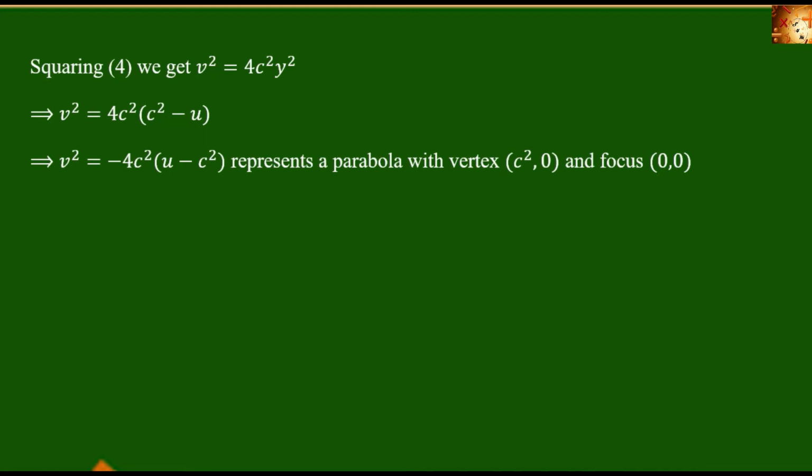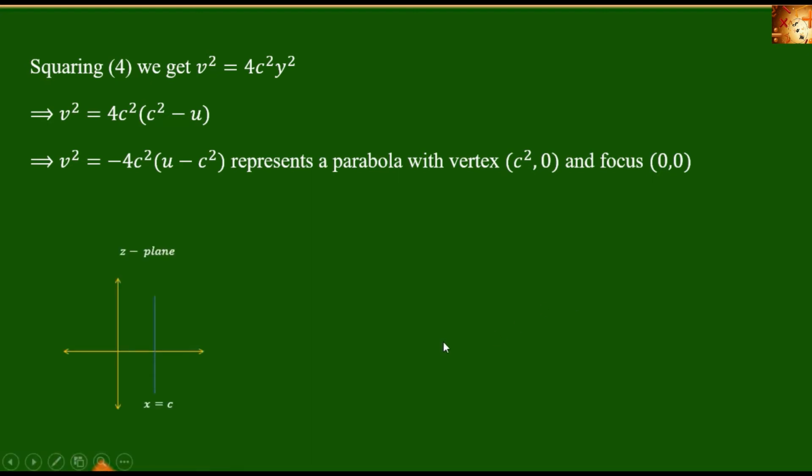because we know the equation of a parabola as y square equal to 4ax, with focus at a, 0 and vertex at 0, 0. Similarly here, v square equal to minus 4c square into u minus c square represents a parabola with vertex c square, 0 and focus 0, 0.